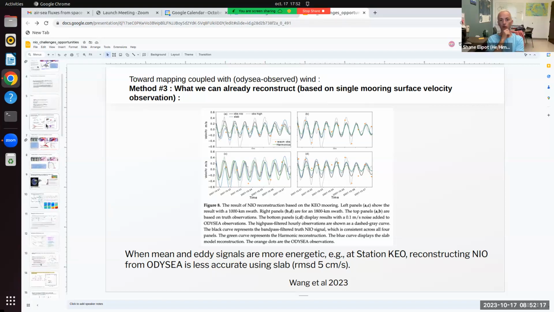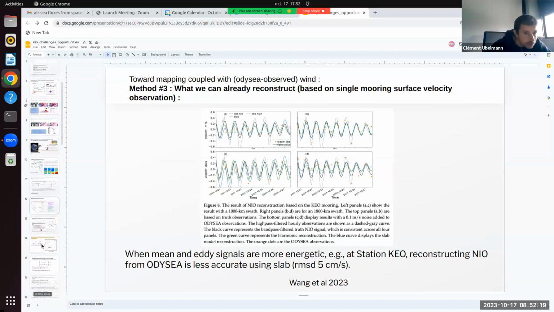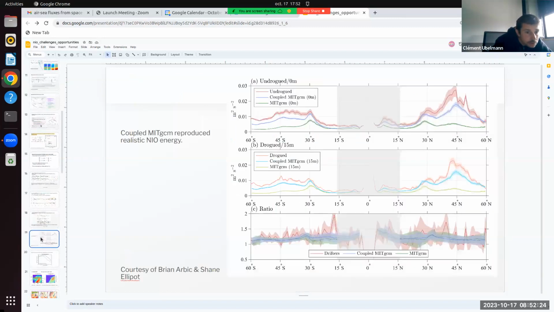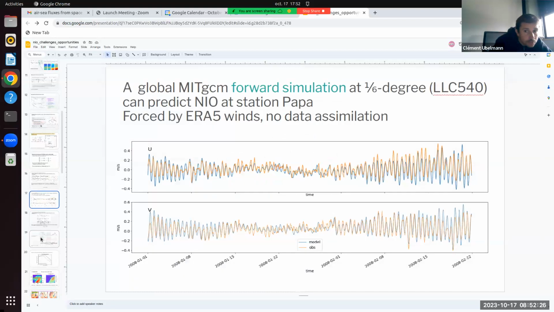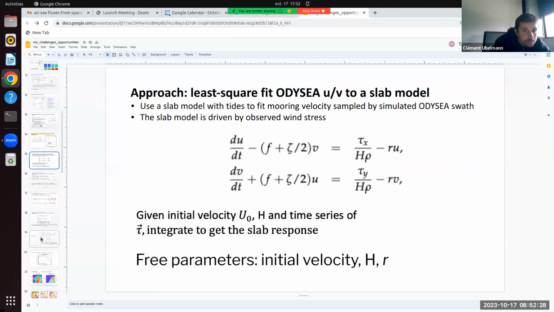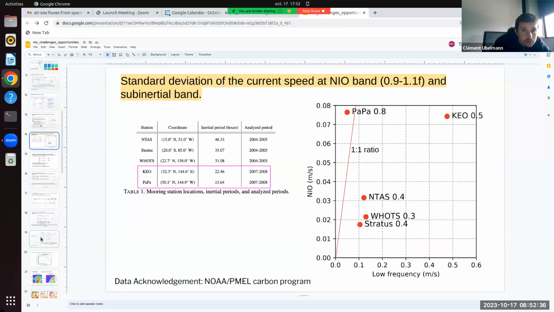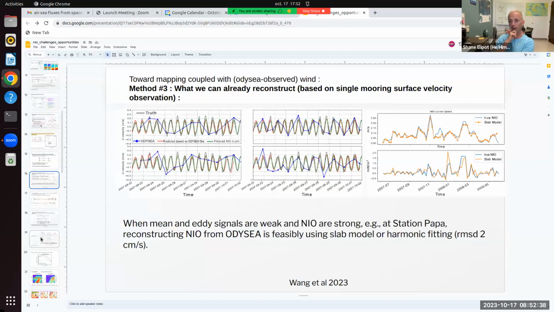It wasn't clear which wind you used. If you want to look at the time series from Station Papa, this one, I think. Did you use hourly winds? I did use hourly wind, yes.